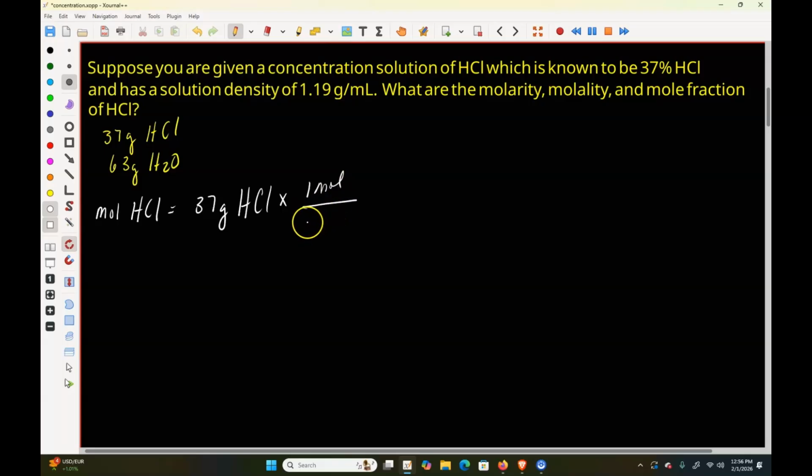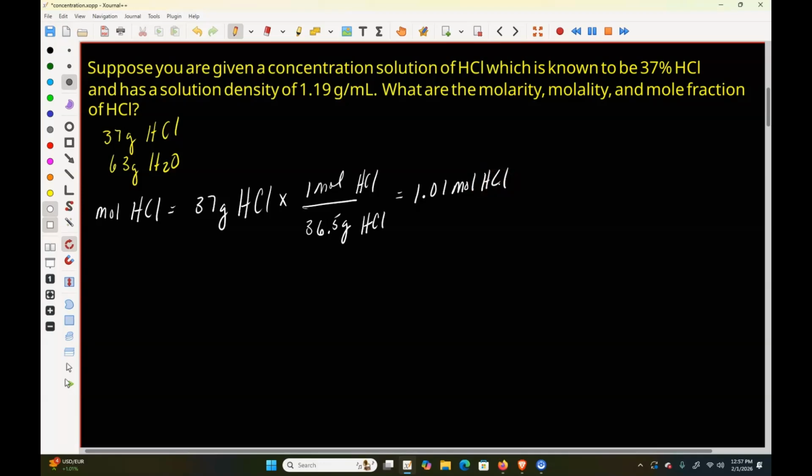HCl has a molecular weight of 36.5 grams per mole. That means that we have 1.01 moles HCl.